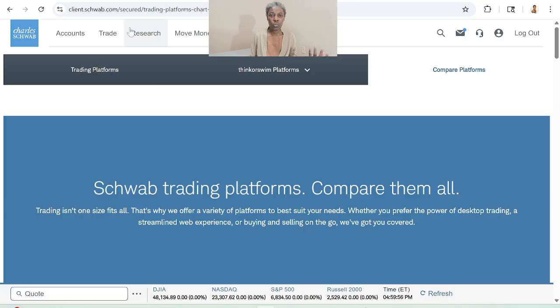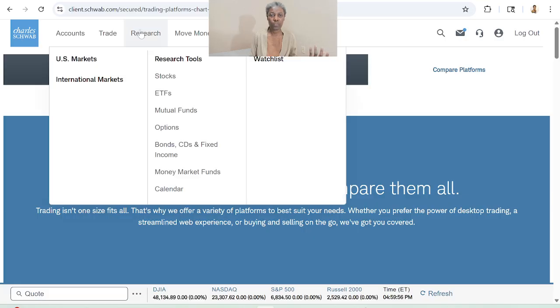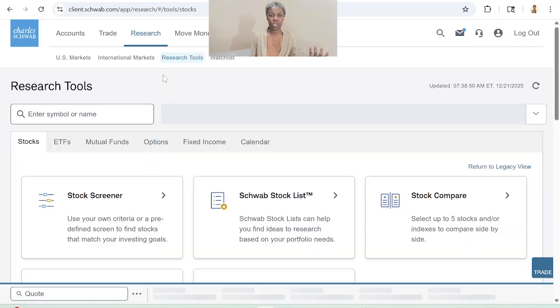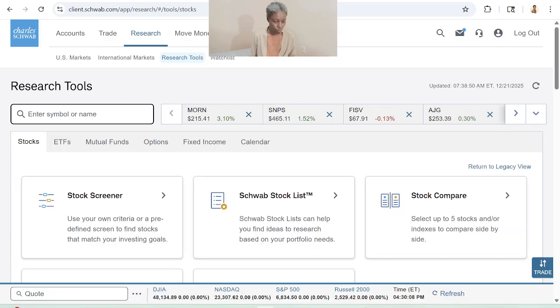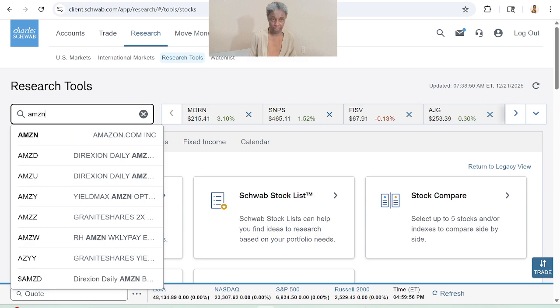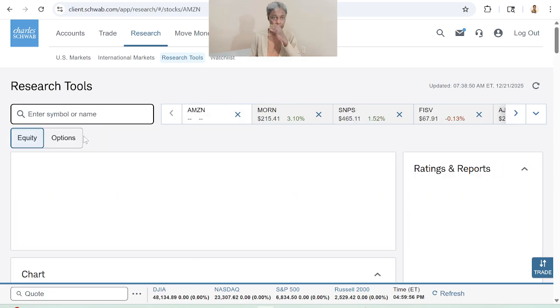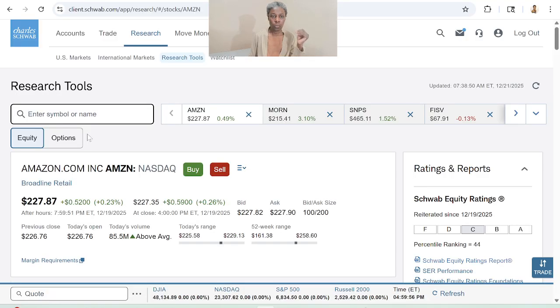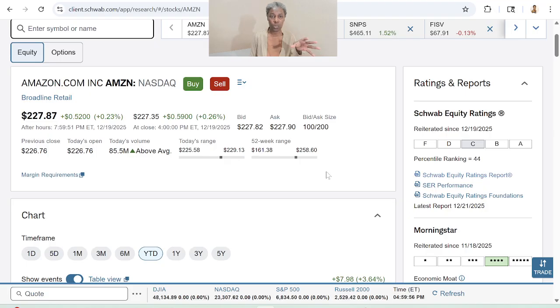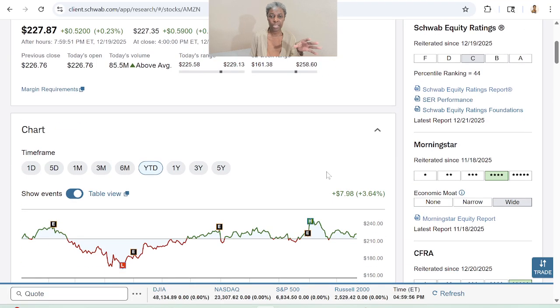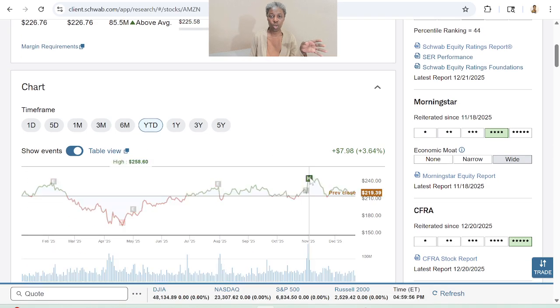So let's just go to research here and put stocks here, and then I'm just going to pull AMZN, that is Amazon. And when we put AMZN, I'm going to scroll down. That's just Charles Schwab here, and they have this chart that is 1 year, and they are going to show you all-time new high.